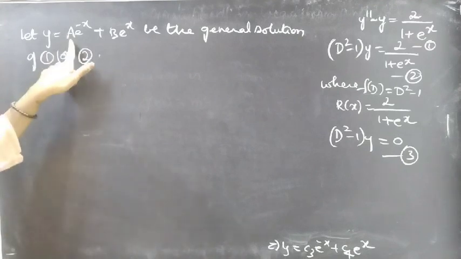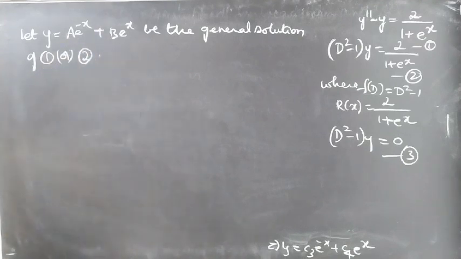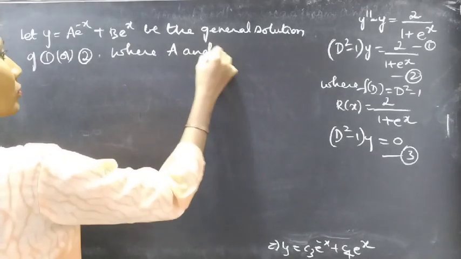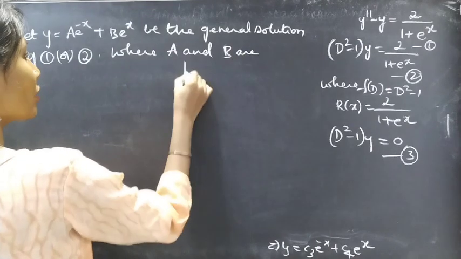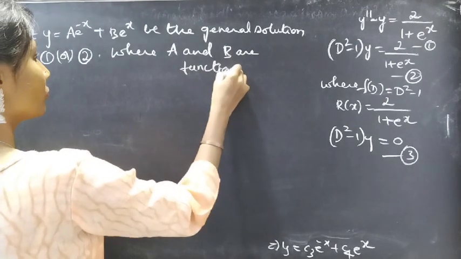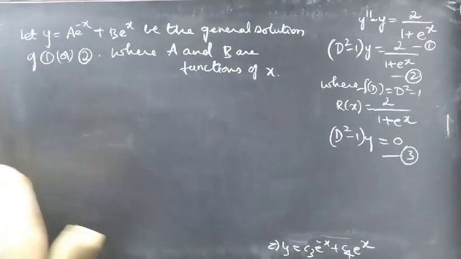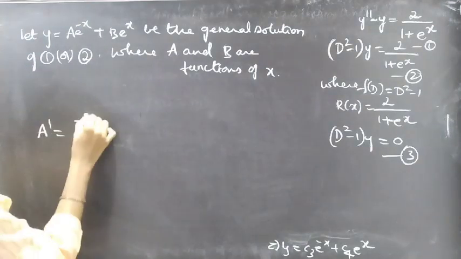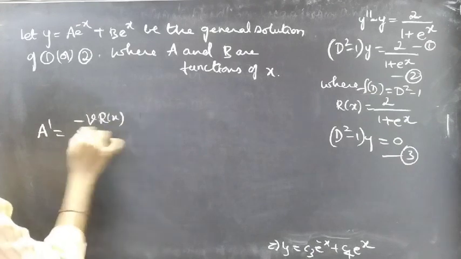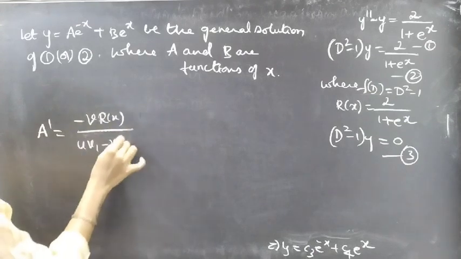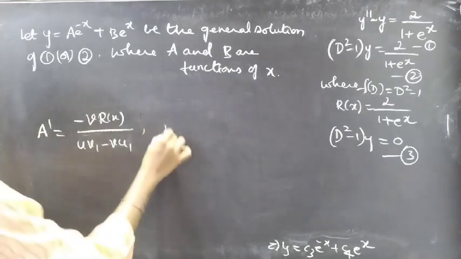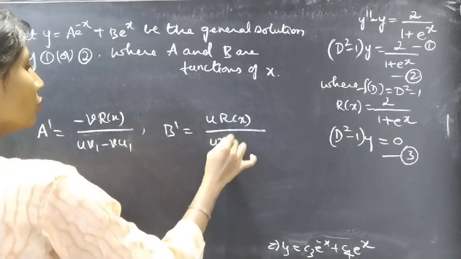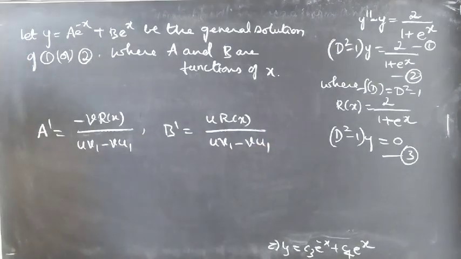So now here we need to find a and b. Okay, here a and b are functions of x, right? We'll find a and b using the formula a dash equals minus v into r of x by uv1 minus vu1, and b dash is given by u into r of x by uv1 minus vu1, right?